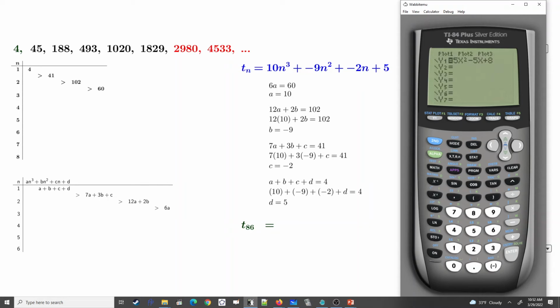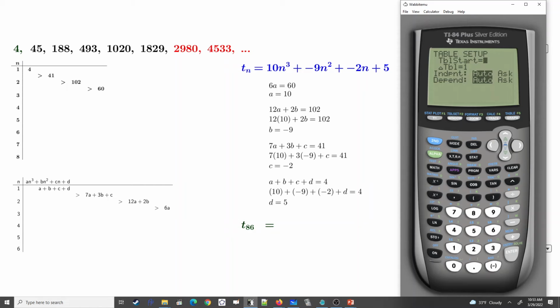If you really want to take advantage of your calculator features, consider putting this into the calculator as a graph: 10x cubed minus 9x squared minus 2x plus 5. Let's go back and look at the table, where I go second table set.